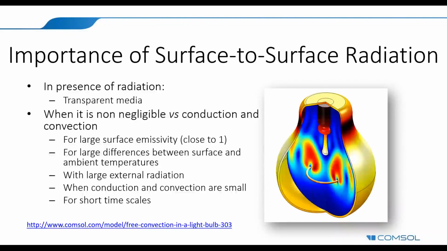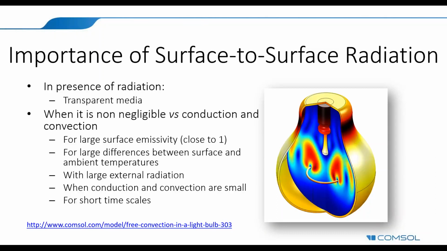Okay, so for surface-to-surface radiation to have the largest effect on the temperature distribution, first of all, we need a transparent medium between two surfaces. That's quite obvious, but if we have opaque material everywhere, then there is no need to worry about surface-to-surface radiation, obviously.